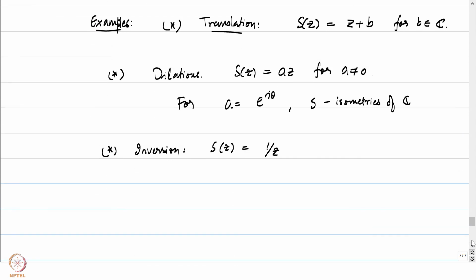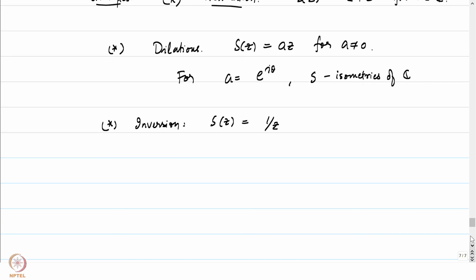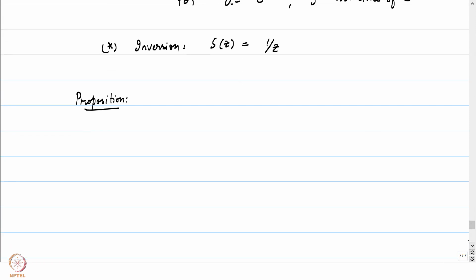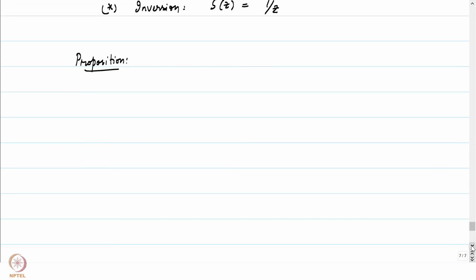Right, so we have seen a few examples here, and these examples were not picked arbitrarily. The following proposition tells us that these examples are very special in the sense that every Mobius transformation can be written as a composition of a rotation, a translation, and an inversion. Not necessarily all of them appearing in the composition. Nevertheless, any Mobius transformation can be written in this manner. Let me write down the statement for you.